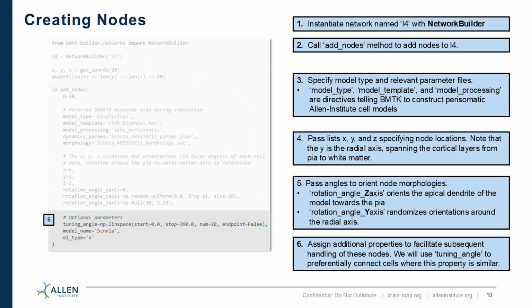But the only difference for the inhibitory cell is that, first, the EI type we're denoting as I for inhibitory, and we're also not assigning it a tuning angle. And this is just meant to reflect the lack of connection specificity for PV connections compared to excitatory cell connections.